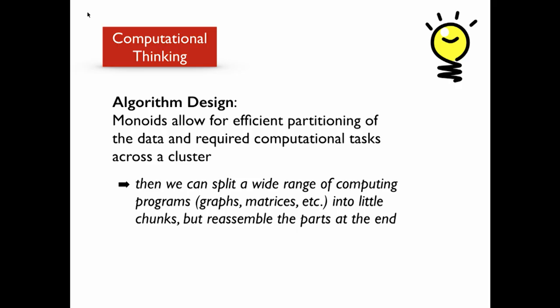The takeaway is that we can split a wide range of computing problems, whether they be graphs or matrices or whatever, into little chunks, compute them across the cluster, and then reassemble them back together. So we can do our work in parallel, taking the different building blocks and running them in parallel through some kind of cluster.